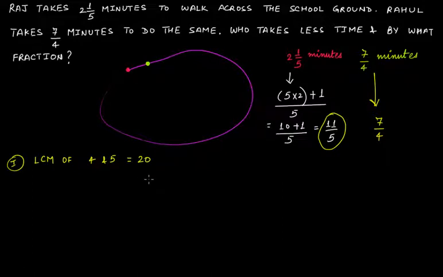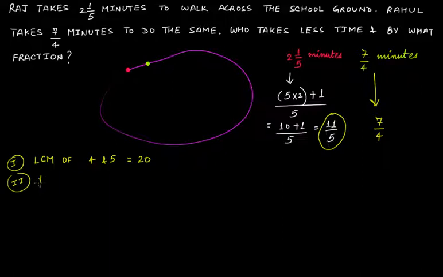LCM of 4 and 5 is 20. How? That's for your homework. Pause it and find the LCM of 4 and 5. Now we have the LCM of 4 and 5 as 20, and now we will convert this fraction into its respective equivalent fraction in a way that it has its denominator as 20.